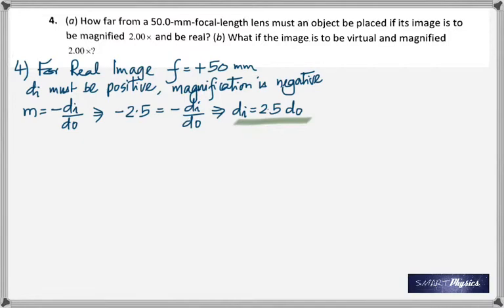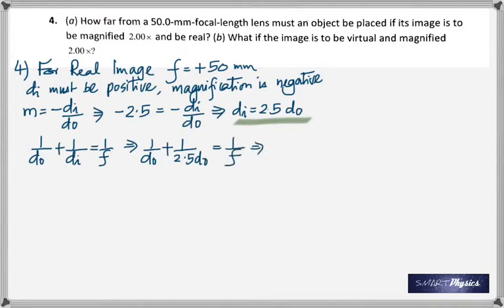So please note that. Okay, DI is 2.5 DO. Now use the lens equation, because in place of DI we can write 2.5 DO, which is exactly what I did.